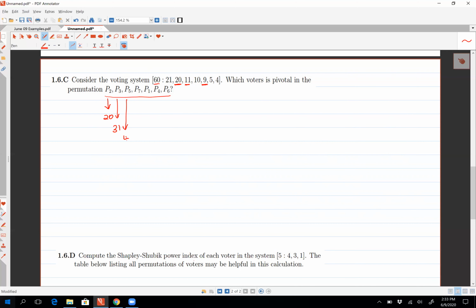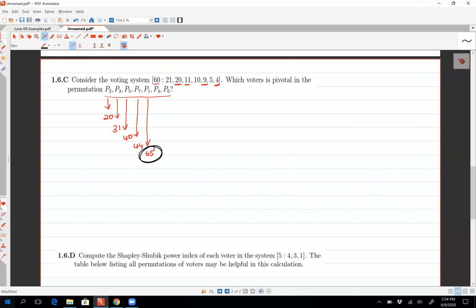That would get us to 40 votes. Still not enough to pass. If we add P7, that would add another 4 votes. We're now at 44 votes. Still not enough. P1 would add another 21 votes. That would bring us to 65. So this is the point where we exceed the quota.